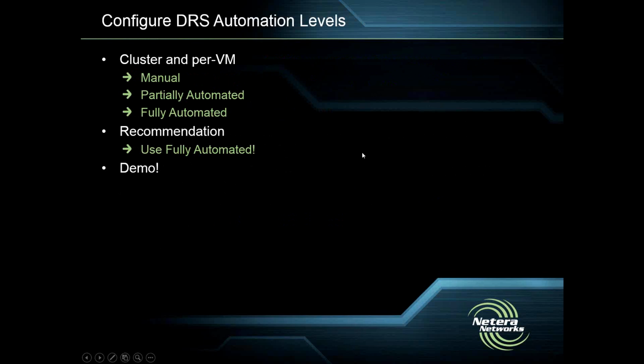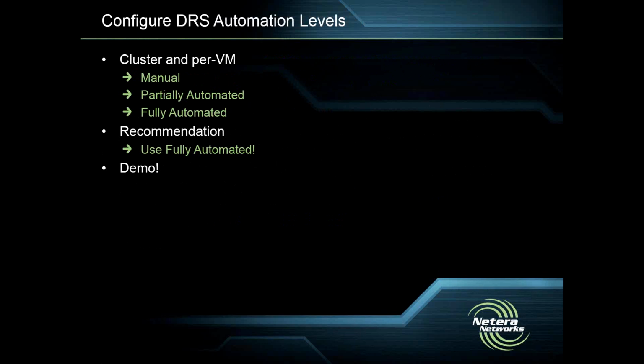Automation levels we just touched on. The idea here is vSphere and DRS have been around long enough that it's been proven, right? People sometimes, at least in the past, may have freaked out a little bit or been uncomfortable with their virtual machines moving around without their express actions. Well, being in production with some of the largest and most important businesses out there, vSphere has proved its mettle, and so has DRS.